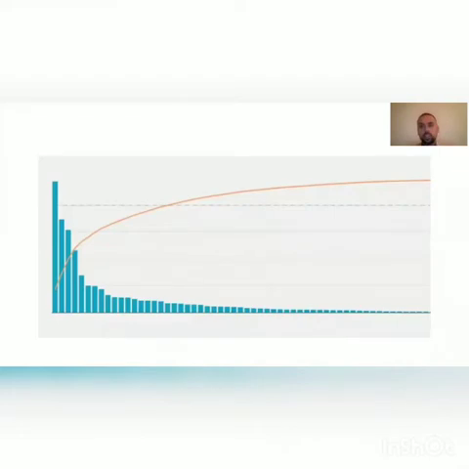Please pay attention. According to the concept of the Pareto chart, 20% of the reasons are responsible for 80% of the failures. It's the general concept of the Pareto chart.